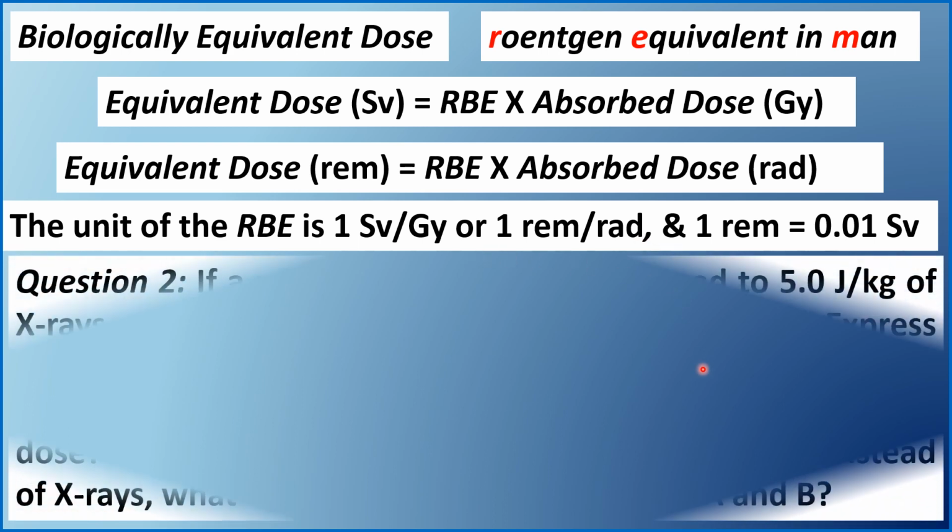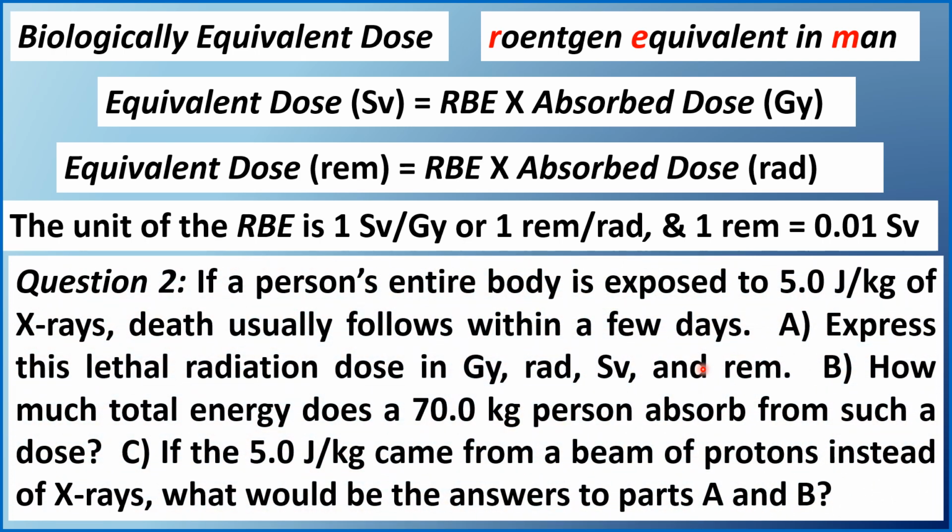So we have our first problem, or question number 2. If a person's entire body is exposed to 5.0 joules per kilogram of X-rays, death usually follows within a few days. Question letter A. Express this lethal radiation dose in gray, rad, sievert, and rem.